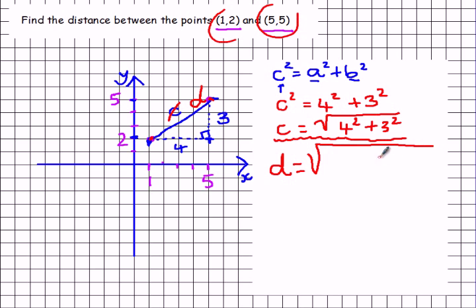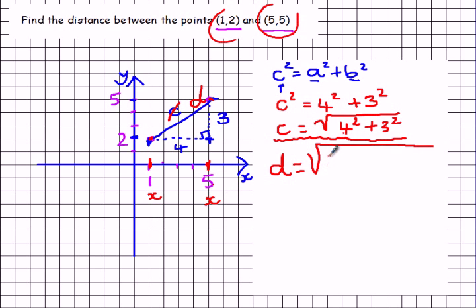Now to get this length 4, what we did was we got the distance between our two x values. This x value and this x value, we just did 5 take away 1, and we got this length of 4.